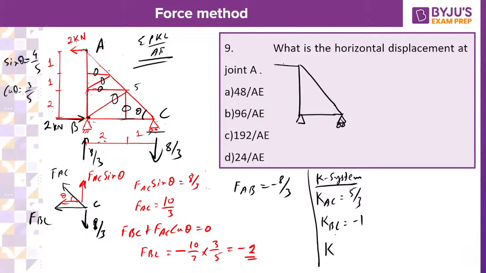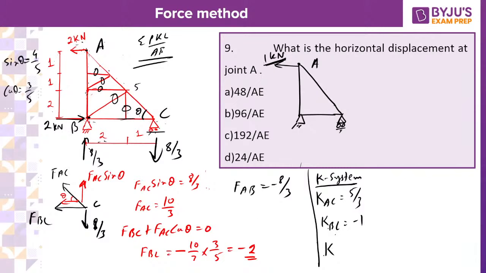So 1 unit kilonewton load I'm applying here because horizontal displacement at A is my requirement, right? So once I'm applying 1 kilonewton, as per ratio I'm just providing the values because this is the same location. If you are providing 1 instead of 2, what will be your member forces? So K of BC I have written here, then what else?